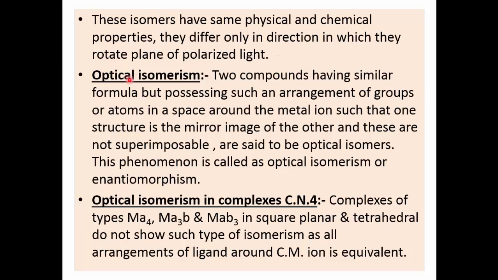Now what is meant by optical isomerism? Two compounds having a similar formula but possessing such an arrangement of groups of atoms in space around the metal ion that one structure is the mirror image of the other. Got it? One structure is the mirror image of the other, and very important, these are not superimposable.